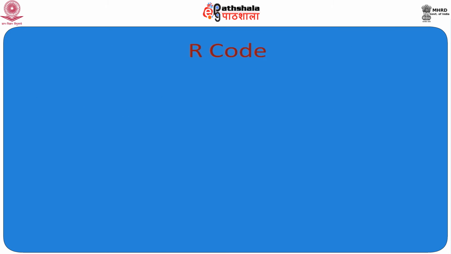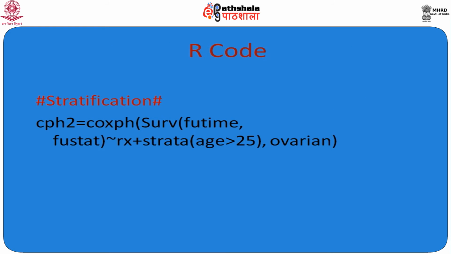Now we will go for stratified Cox proportional regression modeling, which can be done with strata. Here we have considered the strata, age more than 25 years: only selected cases, patients having age more than 25 years, are considered in this analysis in comparison to those having age less than or equal to 25.